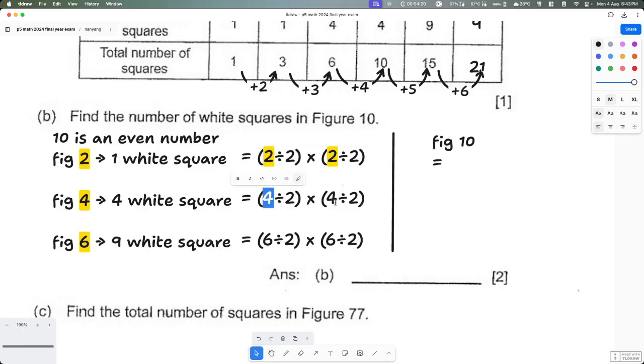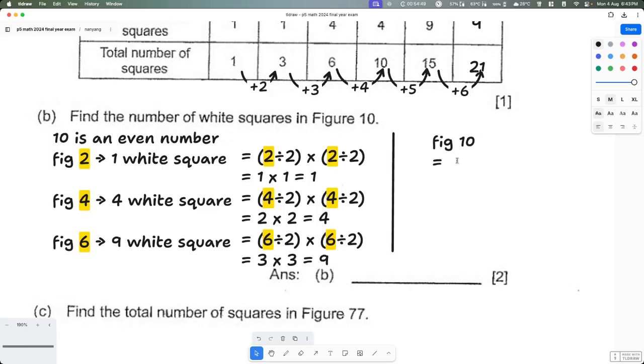Okay, there you go. Okay, so in this case it's equal to 1 times 1 equal to 1. Okay, and then this will equal to 2 times 2 equal to 4. And then in this case, 3 times 3 equal to 9.